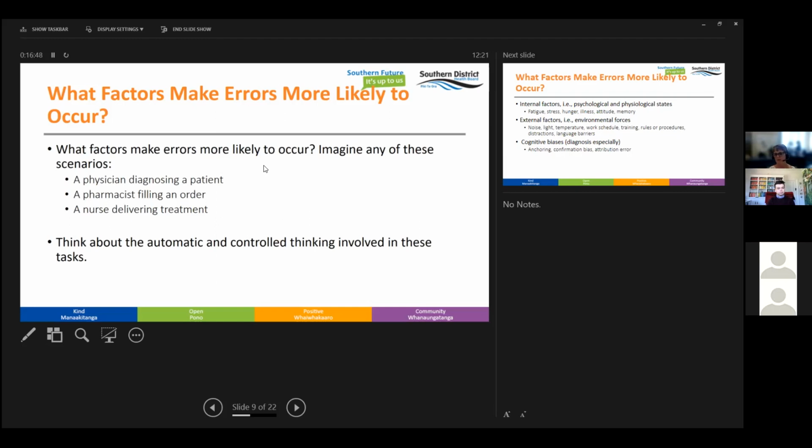And then you've got the nurse delivering the treatment. So again, it's not just the task focused that can occur, it's about the contextual situation around it. And within each of those, you've got automatic and controlled thinking that needs to occur to get things right. So it's a highly complex environment.